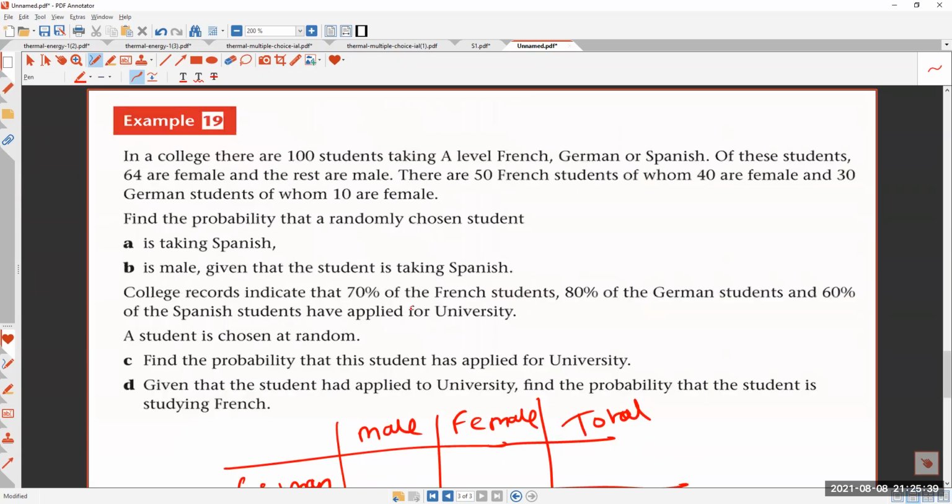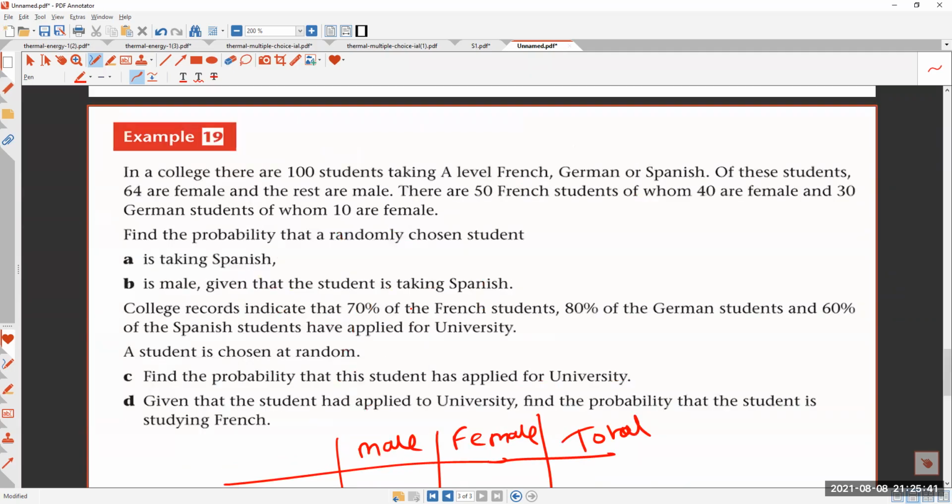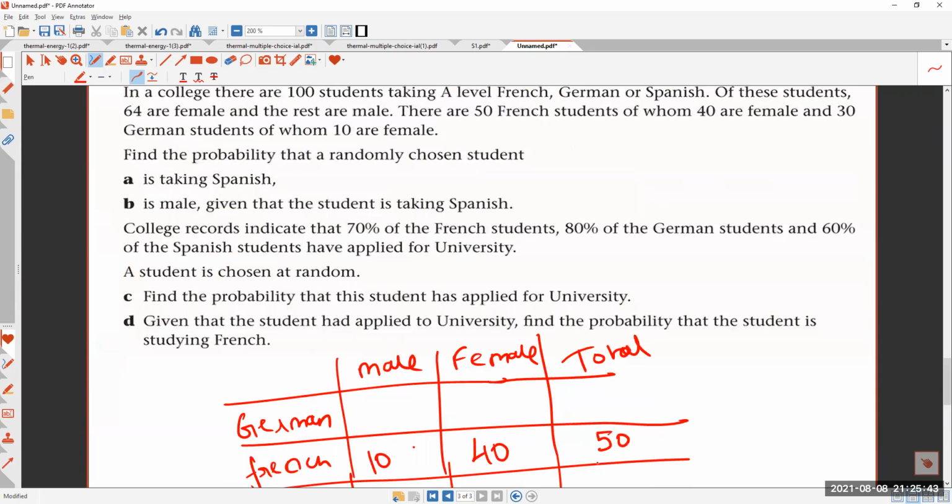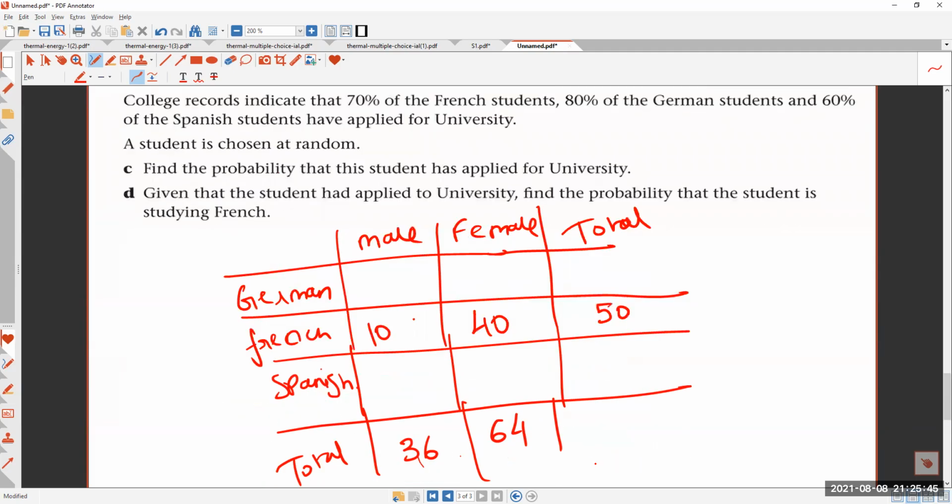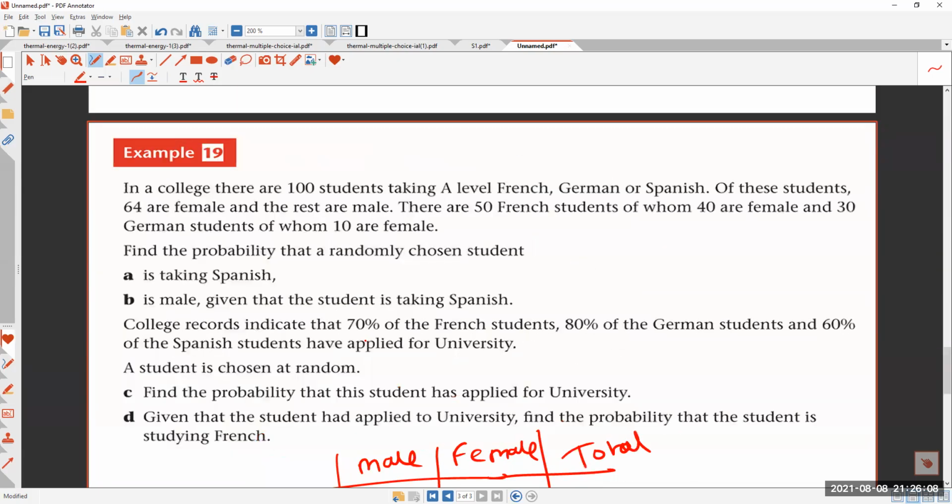I'm trying to make the table here. Language versus male female. I made a table for male female, and for German, French, Spanish also. Then I total them: male total, female total, German total, French total. French has 50 in total, from which 40 are female and 10 are male.